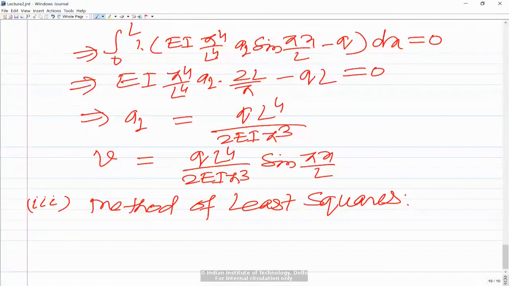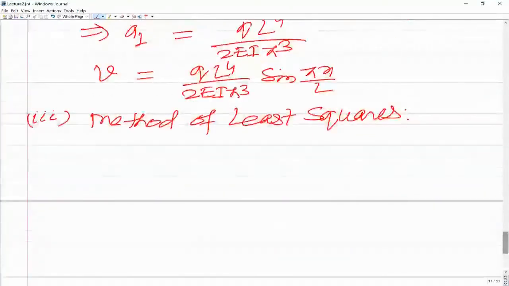As the name suggests, we have to square the residual and integrate it over the entire domain, and whatever we get, we minimize that.